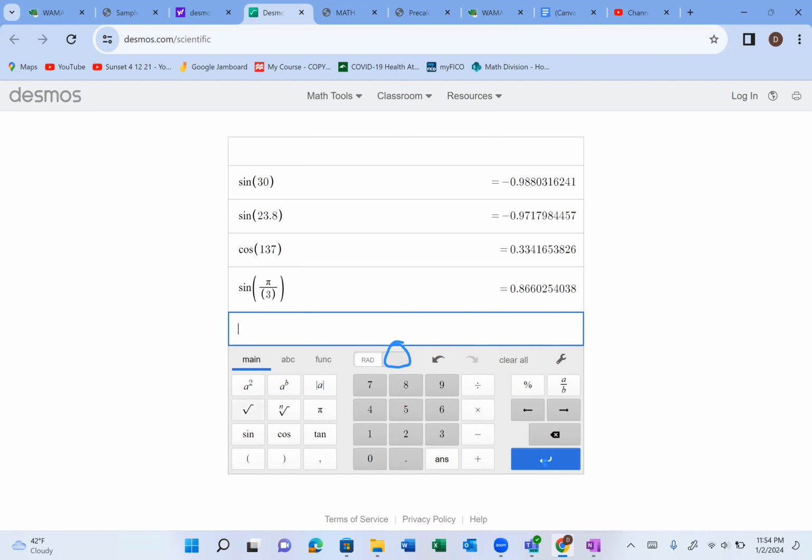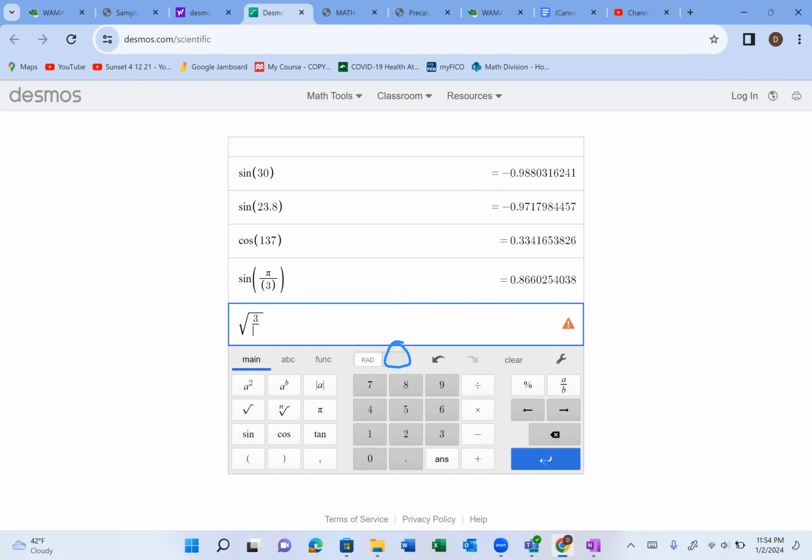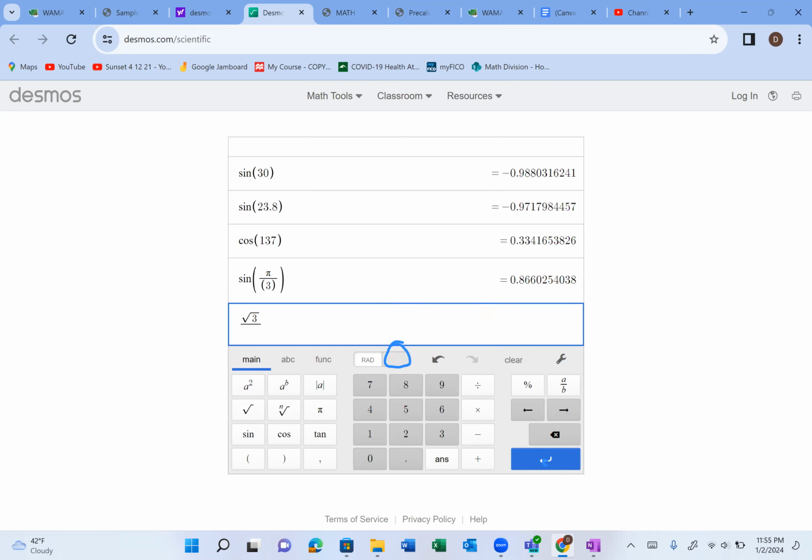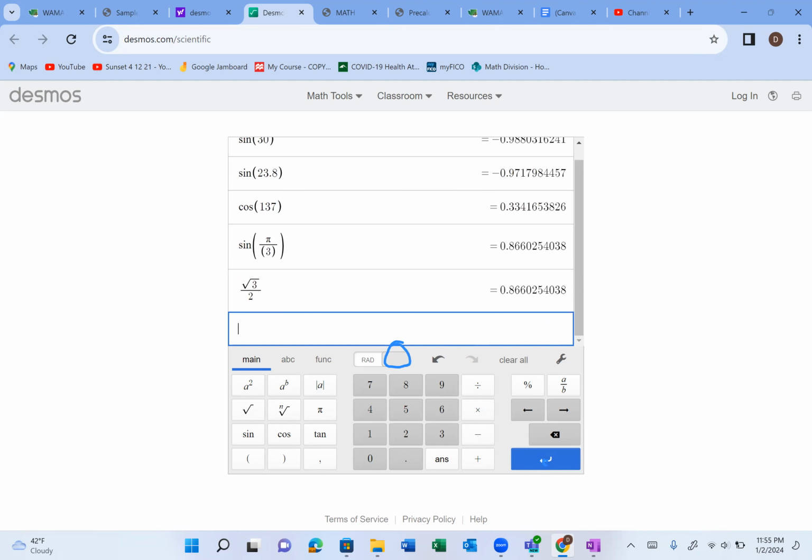And if you check the square root of 3 divided by 2, root 3 over 2 is that same value as the sine of pi over 3.